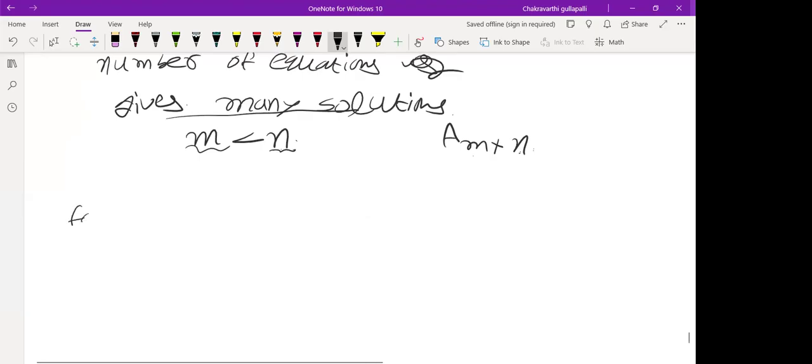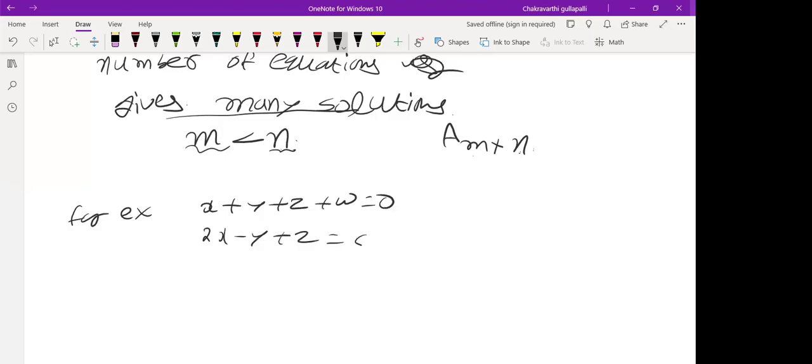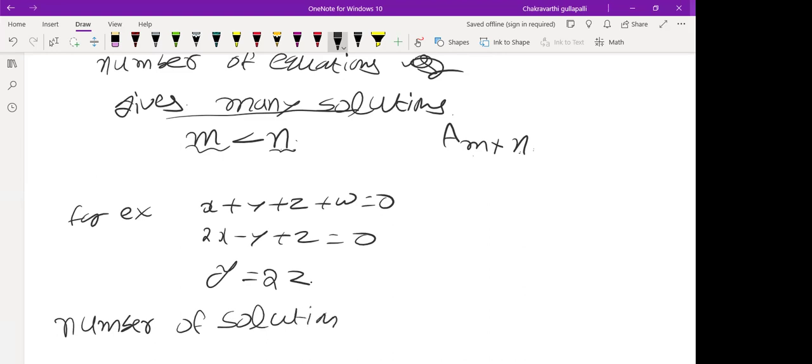So for example, we are having x plus y plus z plus w equal to 0, 2x minus y plus z equal to 0, y equal to 2z. Then the number of solutions are many.